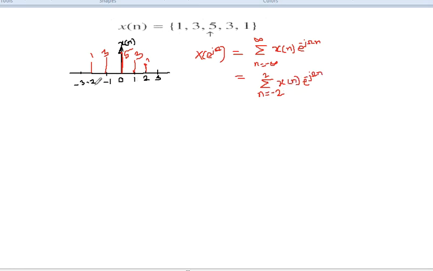So when n is -2, we can write this as x of -2 into e to the power minus j omega -2, plus x of -1 e to the power minus j omega -1, plus x of 0.